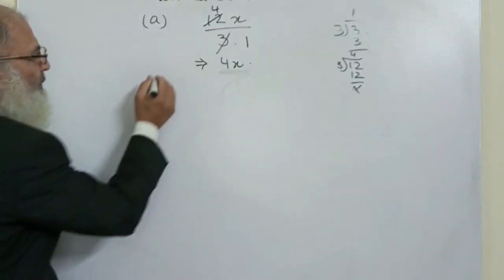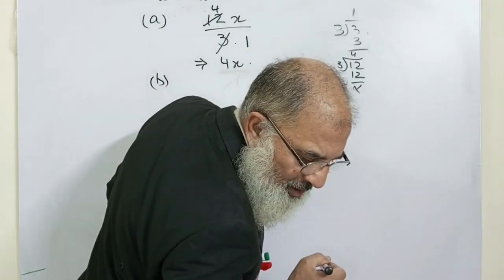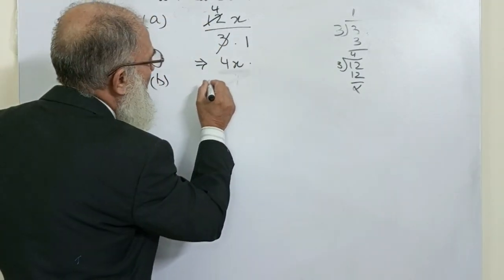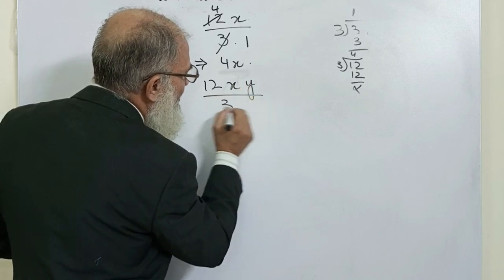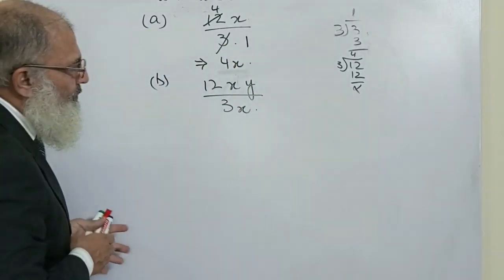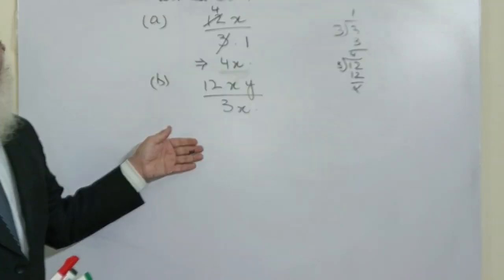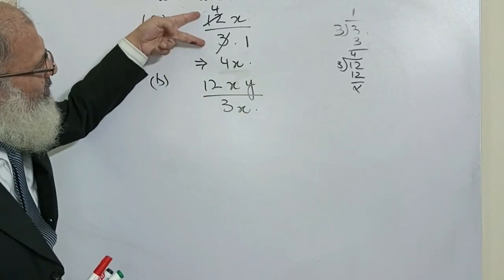Very similar example, and that is 12xy divided by 3x. Now you see that the same is the case over here.